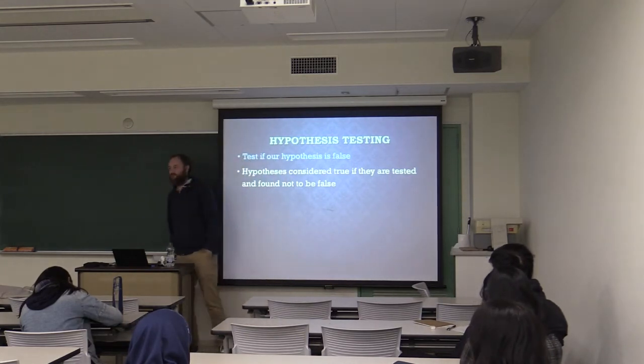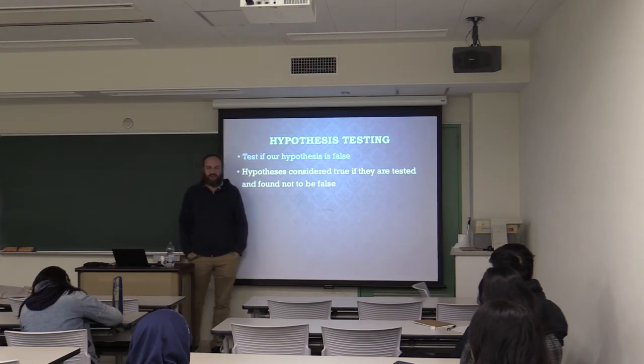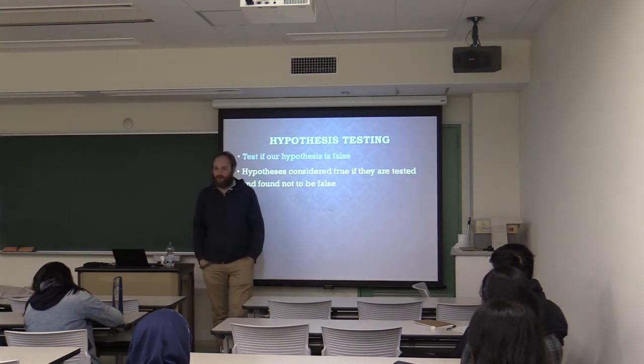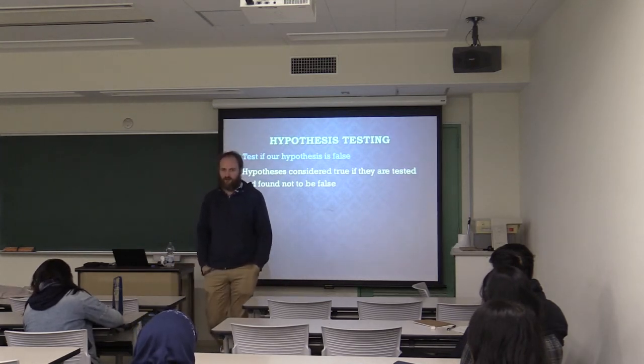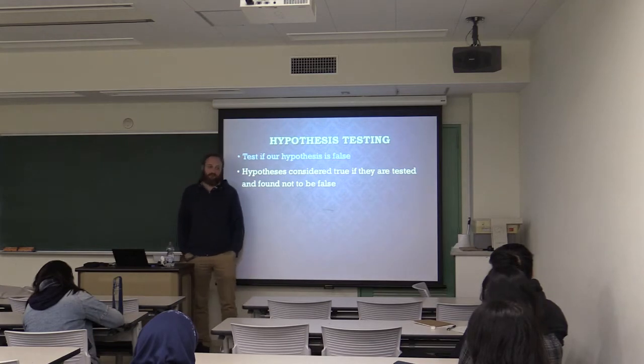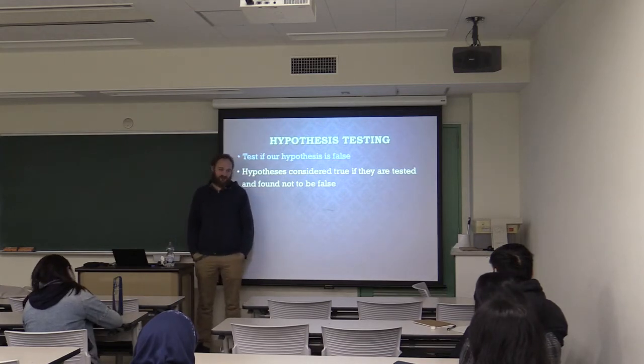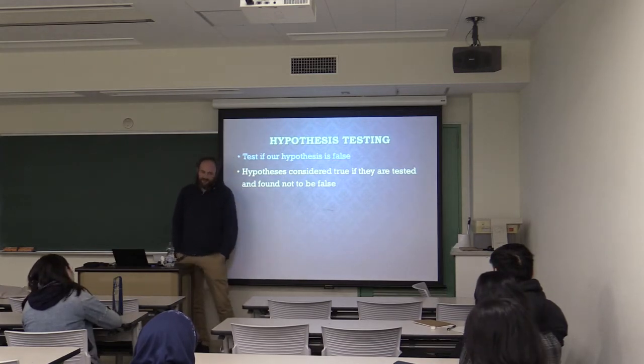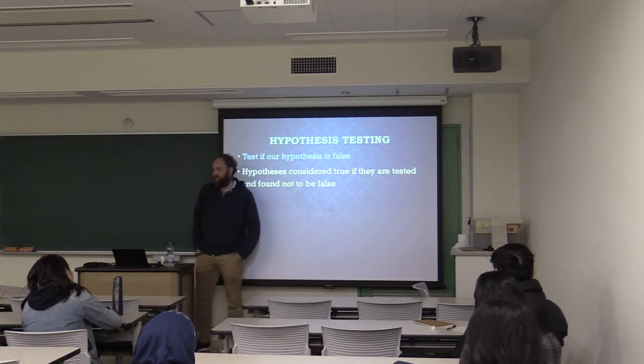We go to the next town over and all the swans there are white. We go to the next town over and they're all white. Wherever we go, we always find white swans and never any other colour. We could accept that our hypothesis is probably true. We could never say 100%, but we could get to 99% certain or something like that.